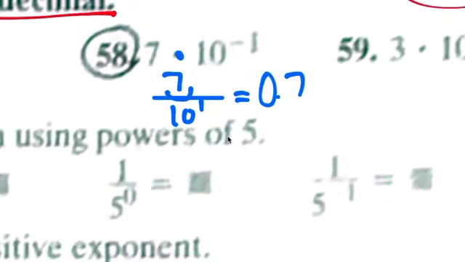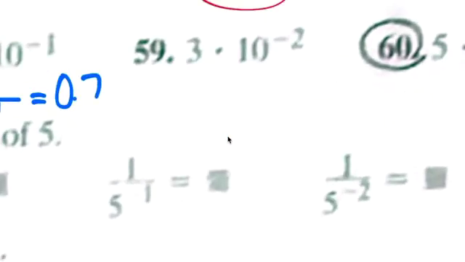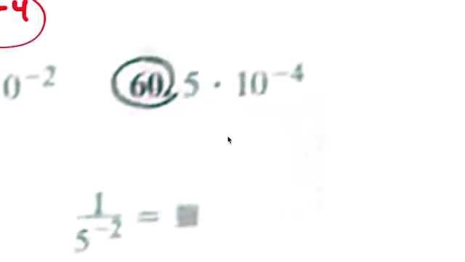Move it 1 space. This is 3 over 10 to the second power. 2 zeros, so oh, nope, we don't have to do this one. 60. I'm going to put the answer to 60. 0.0005 is the answer.